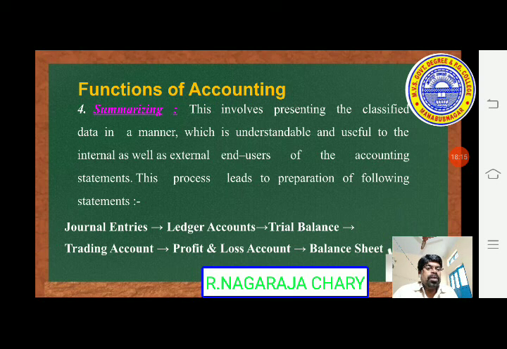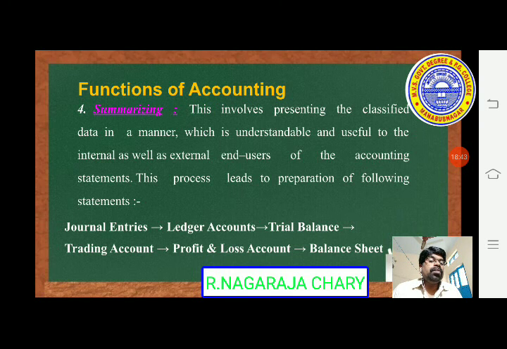To prepare final accounts the process is like this: journal entries. First we have to record journal entries with the help of principles, based on the nature. After completing journal entries, all the journal entries are to be posted into the concerned ledger accounts.